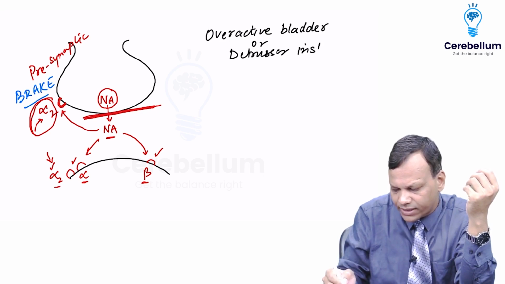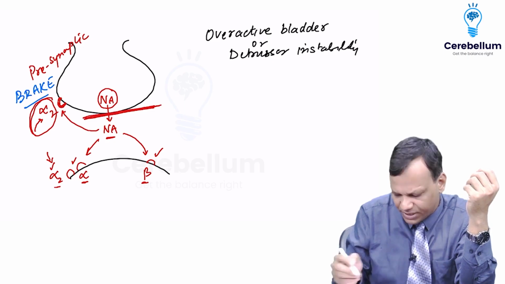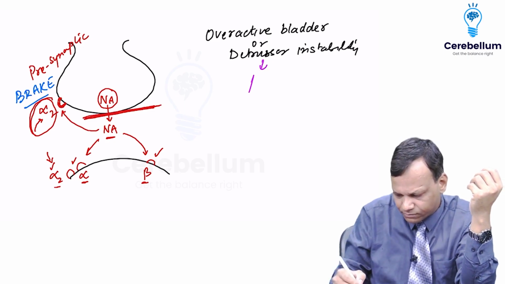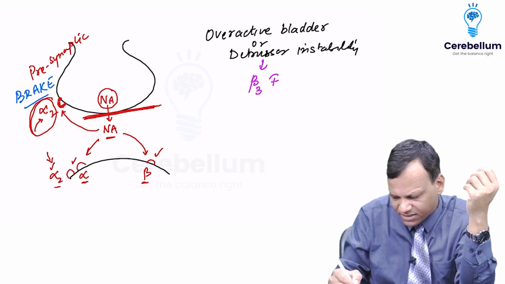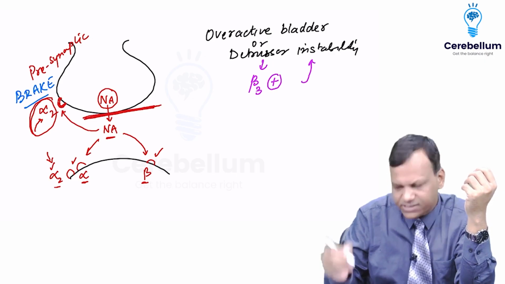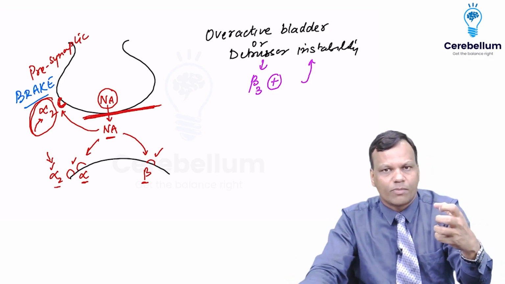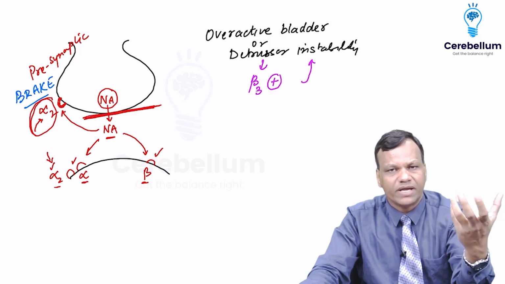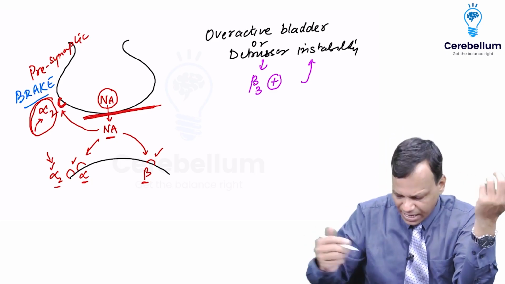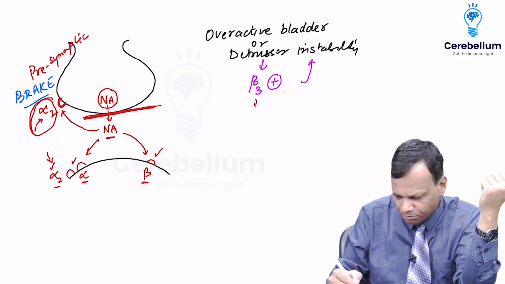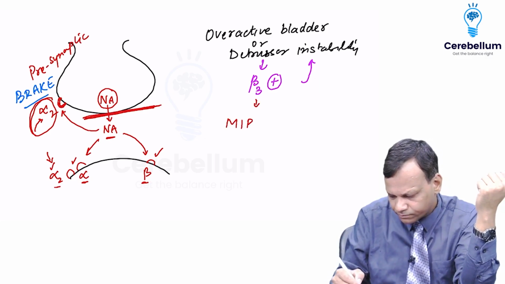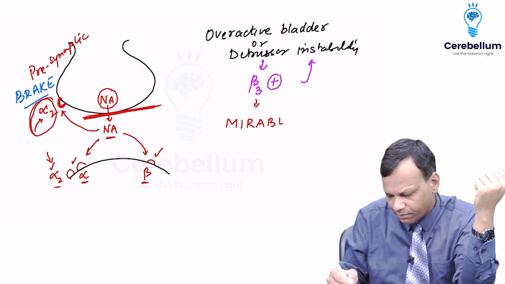When we relax the bladder, the detrusor will stop contracting, so overactivity will stop and incontinence will stop. The name of that drug is mirabegron.